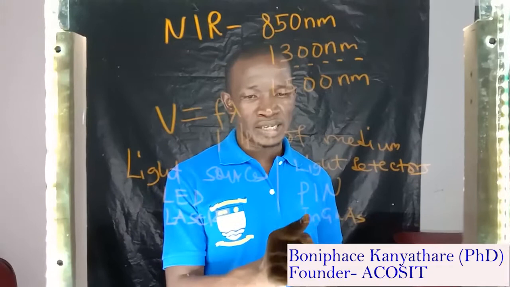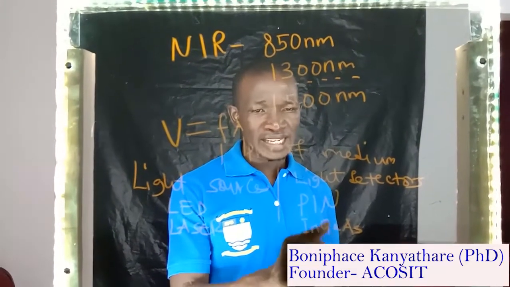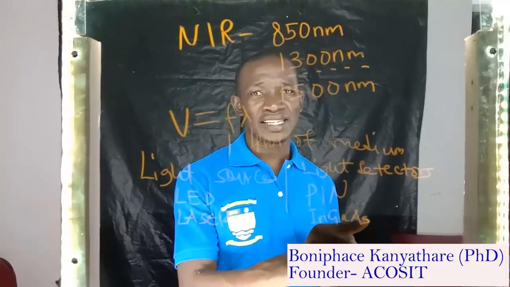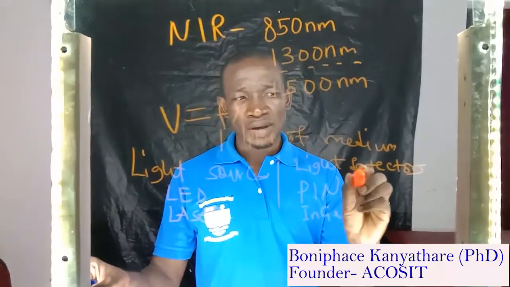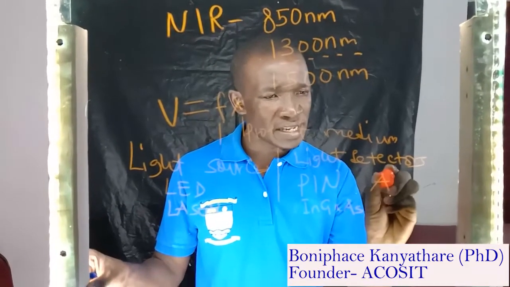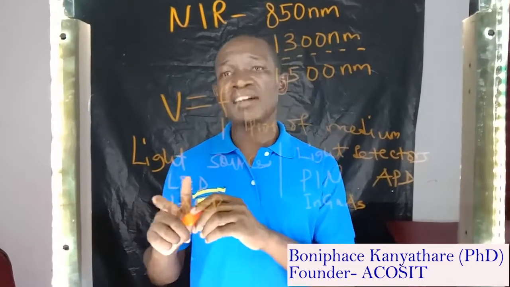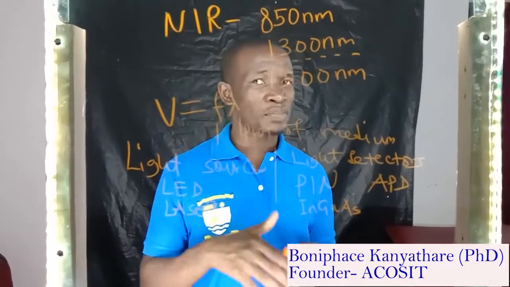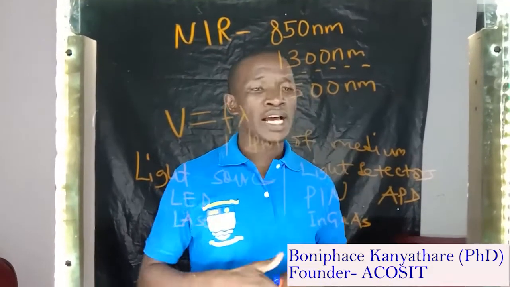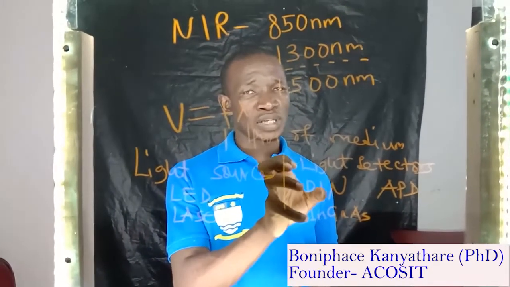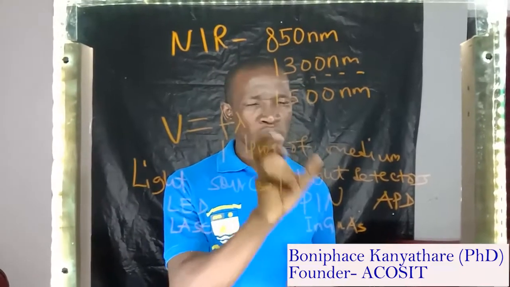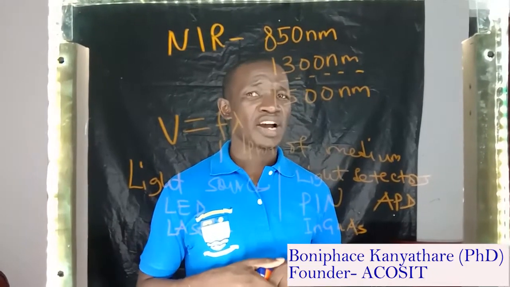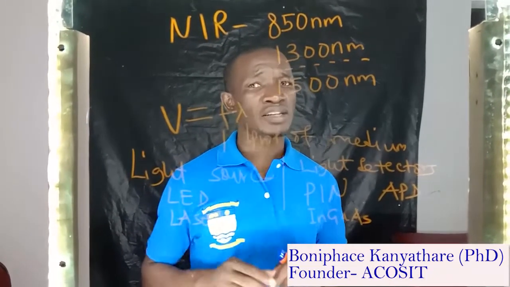Indium is P type, gallium is I or intrinsic type, and arsenide is N type. Another very crucial one is APD, the avalanche photodiode, which works using the principle of avalanche breakdown. These two are the detectors mainly applied in fiber optics communication when we want to detect light.